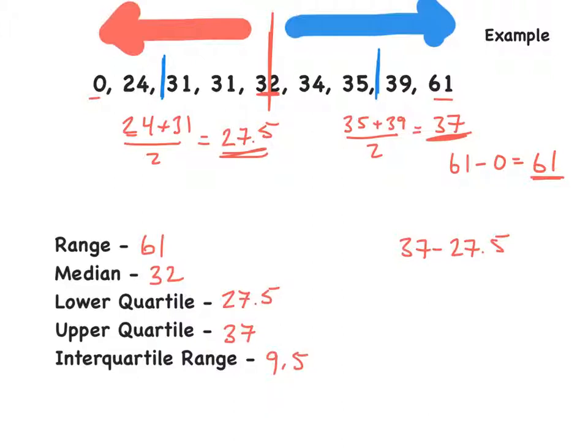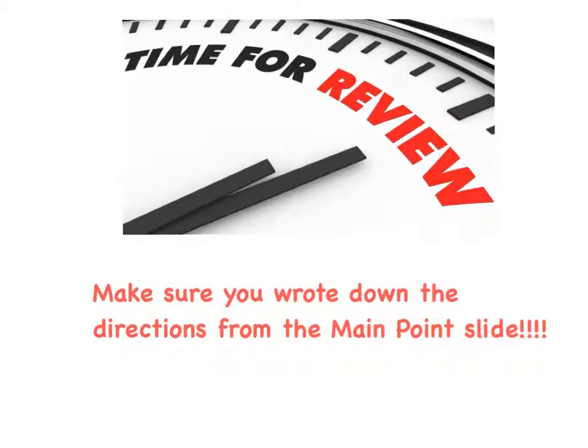So we found our measures of variation of these numbers. Range is 61, median is 32, lower quartile is 27.5, upper quartile is 37, interquartile range is 9.5 or 9 5/10.